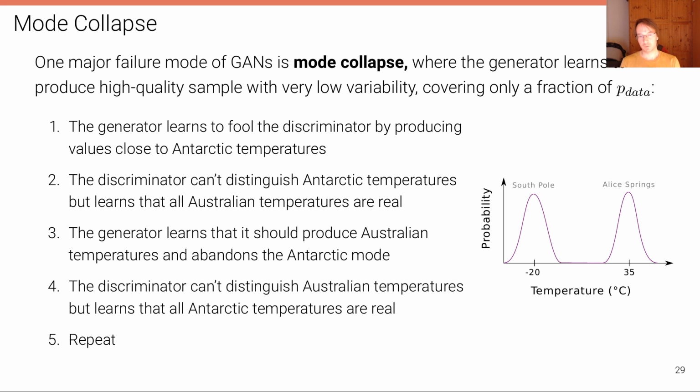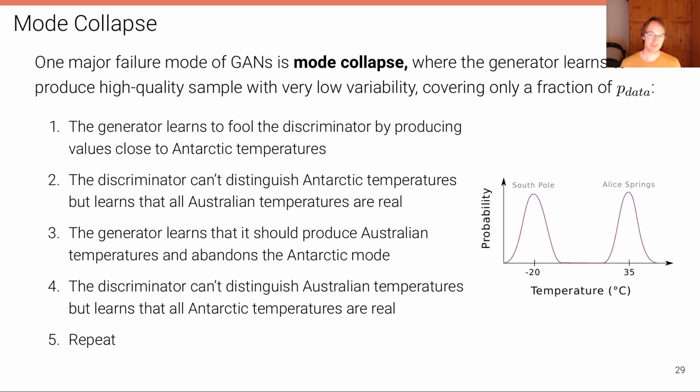Now, one major failure mode of GANs is called mode collapse, and it stems from the fact that GANs are just hard to train due to this minimax game. They are harder to train than models that can be trained by simply minimizing a loss function or maximizing a likelihood.